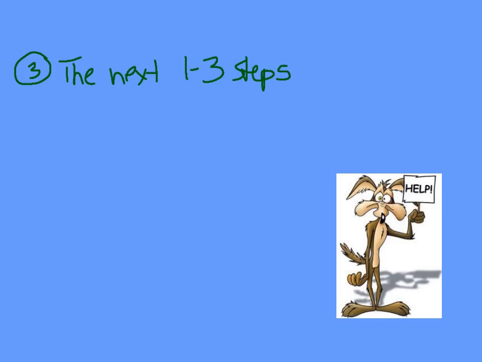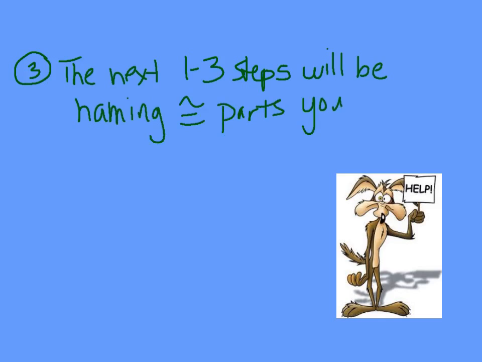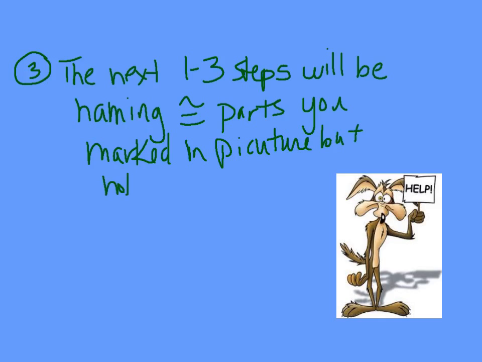So the next 1 to 3 steps will be naming congruent parts that you marked in the picture, but not in the given. Okay, and that'll make a lot more sense once we get to an actual example. This right here is probably the most difficult step. That's why I have a little picture saying, help me, help me. It'll get easier, I promise.